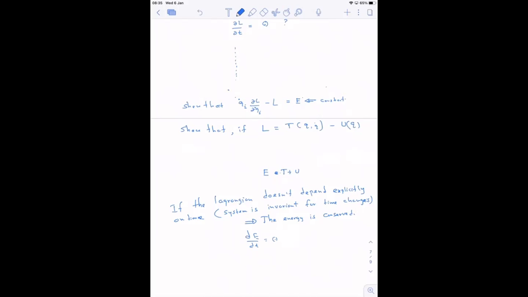Now you can answer this. Just think about the Lagrangian and how it works, and then, based on what you have just learned, you can answer whether the energy is conserved or not in your clock. Okay, I have one answer. How about others?